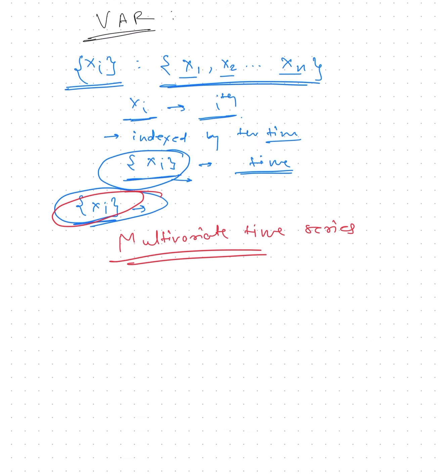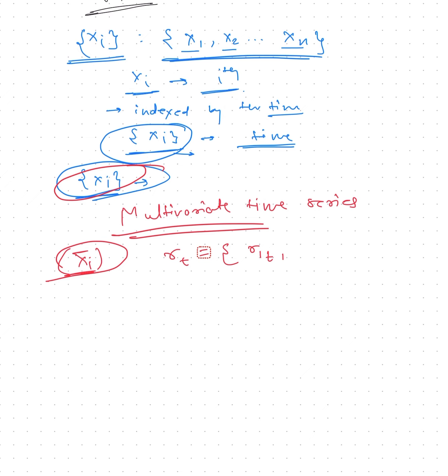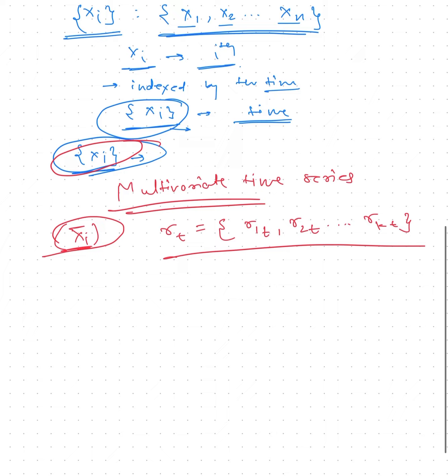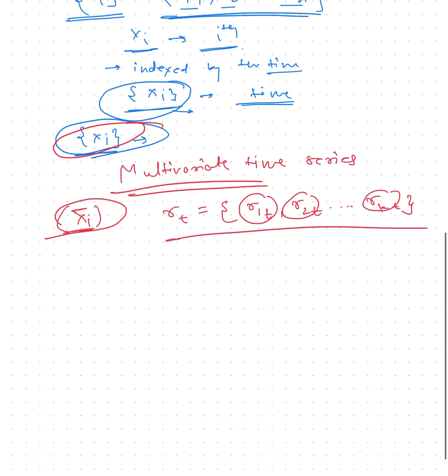Now, instead of having just a single univariate series, we have a vector of these series. We can write this as Rt, which is the very prominent notation, and we can write it as: R1t is my univariate series at time t, R2t is my second univariate series, till let's say Rkt. So this is nothing but a combination of individual univariate series.